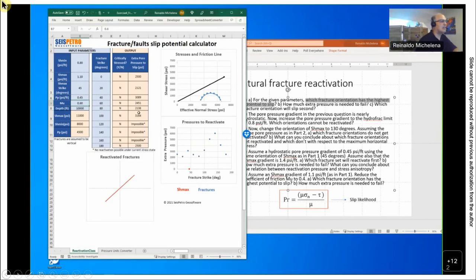If you come to this plot, it will be right here at 20. So it will be 21, 21. That will be the fracture that will slip first. So okay, nice. That will be the answer to this question 1A.